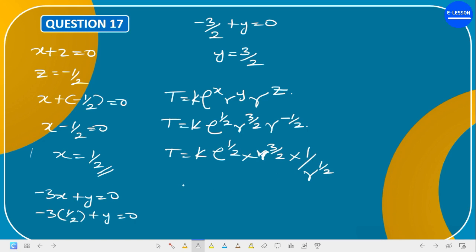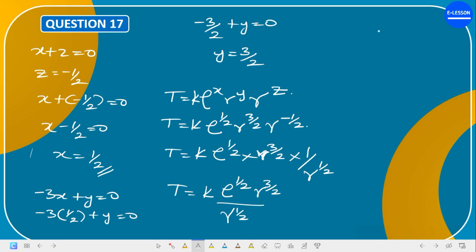And this will become T is equal to k. Then we have density to the power of half. This is on the denominator. So you have rho to the power of half. Then rho, this is surface tension. Please take note, it's a different rho. Then rho to the power of 3 over 2, which is the radius.